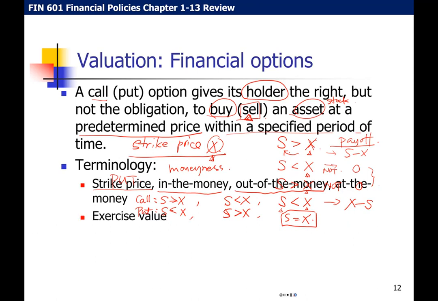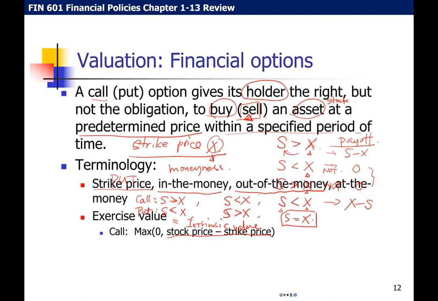Exercise value is often what we call intrinsic value, and it's determined by finding out the payoff of immediate exercise. If you are in the money, it will be your payoff.